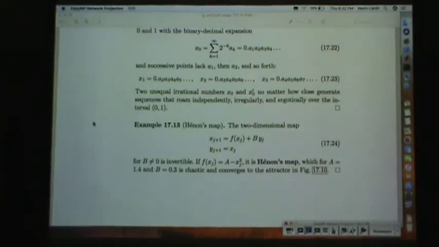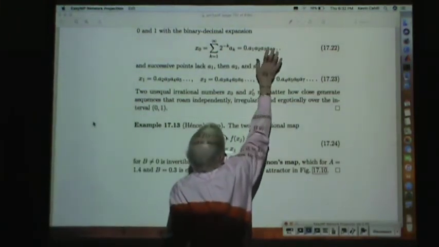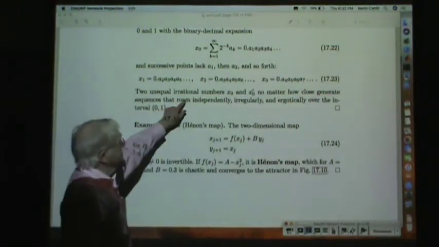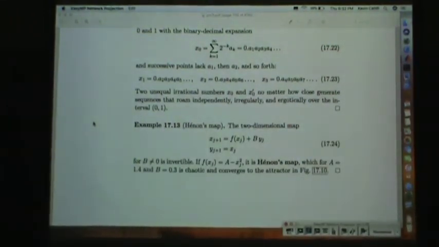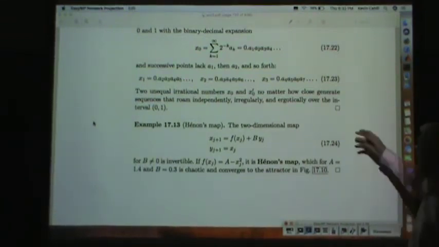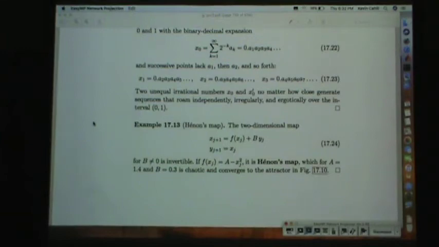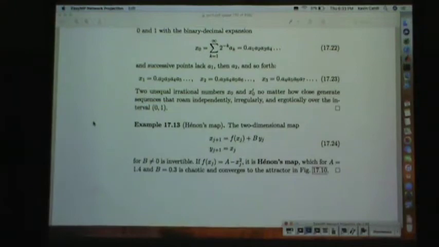And what you do is you drop off, you just get rid of a1, and then get rid of a2, then a3, and a4. And so x1 is this, x2 is that, x3 is that. And so you can see that if the number x is an irrational number as opposed to a rational number, then this thing roams uncontrollably and chaotically, and ergodically, apparently, over the whole sequence.